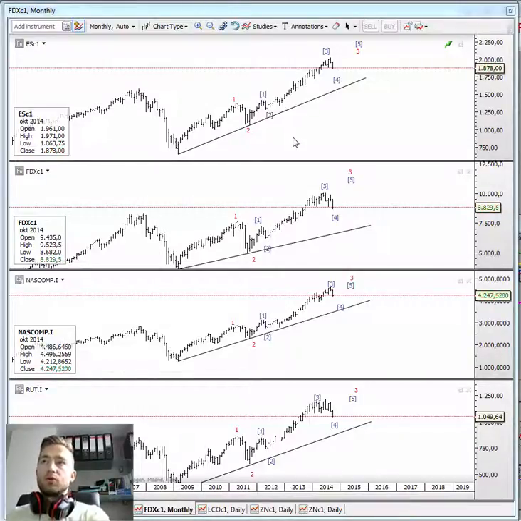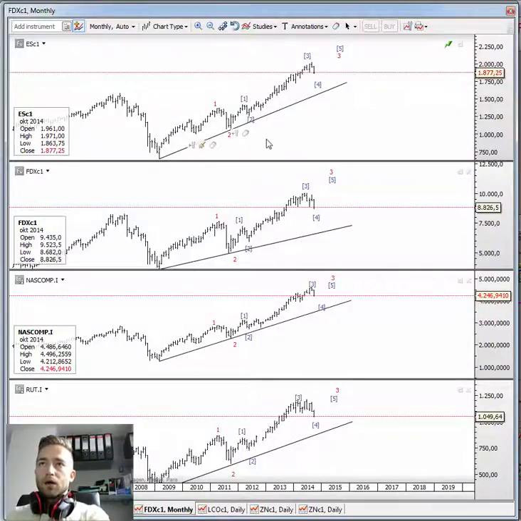If we take a look at this monthly chart, firstly on the futures S&P 500 contract, you will see that this rally from the 2009 lows still is not in 5 waves. Actually, I see here a nice wave 1, wave 2, and a nice extended move.